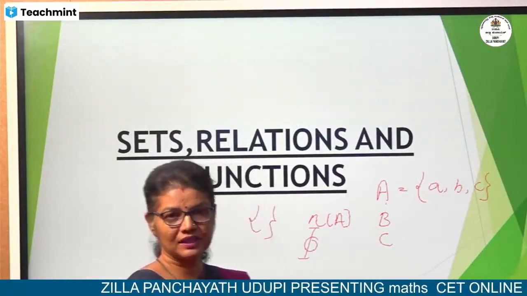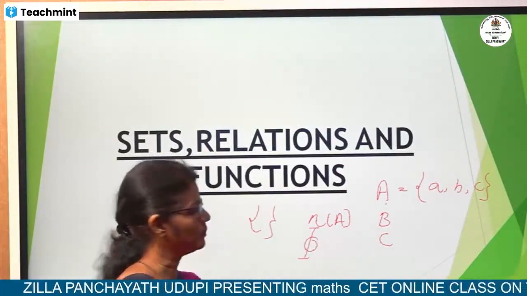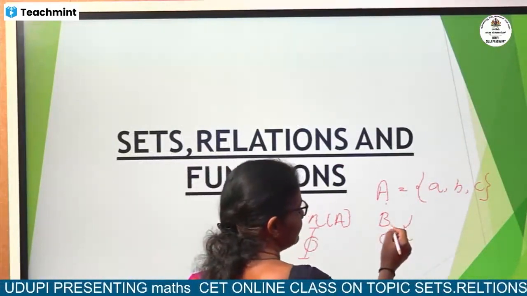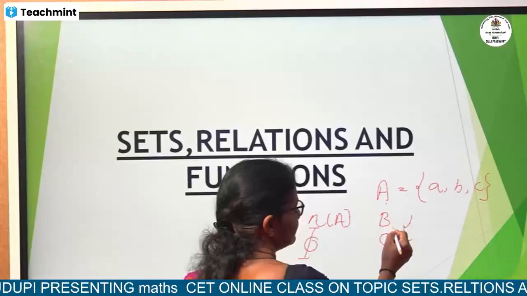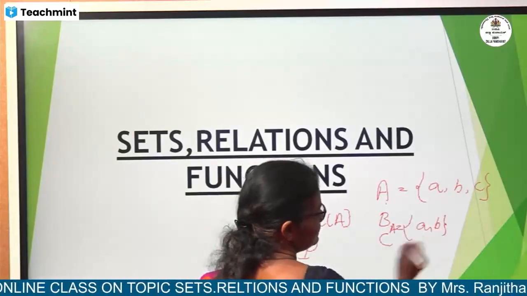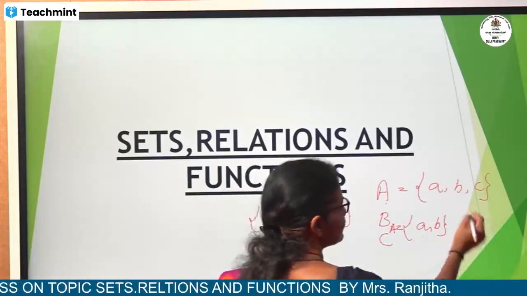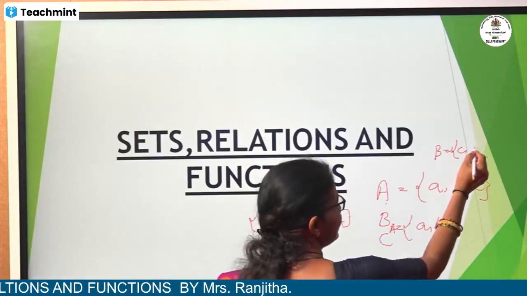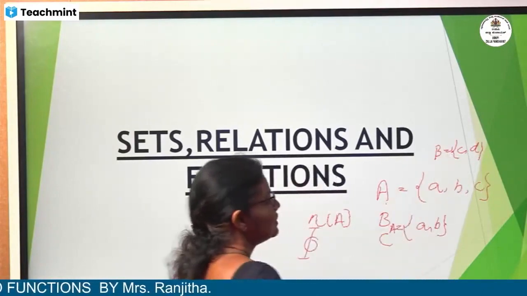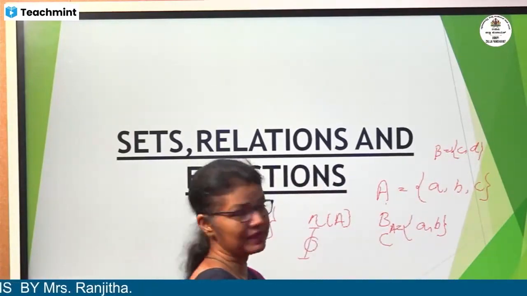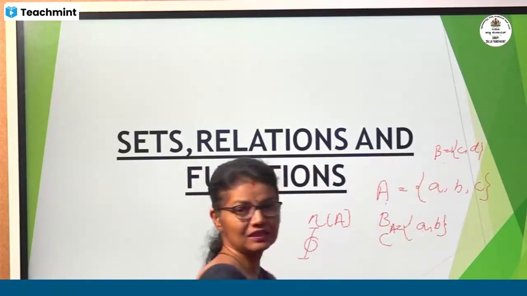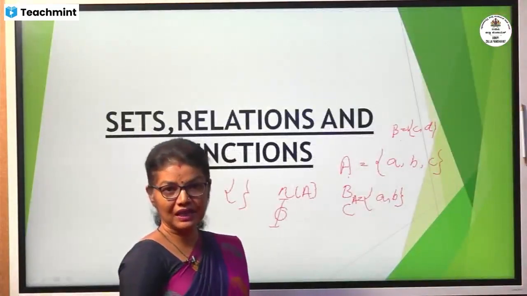Next we have studied about equal sets. Suppose we consider two sets, A and B. In the set A, I'll consider two elements, a comma b. In the set B, I'll consider two more elements, c and d. But here, we cannot say that A and B are equal sets because only the number of elements in the two sets are equal, but the elements are different.